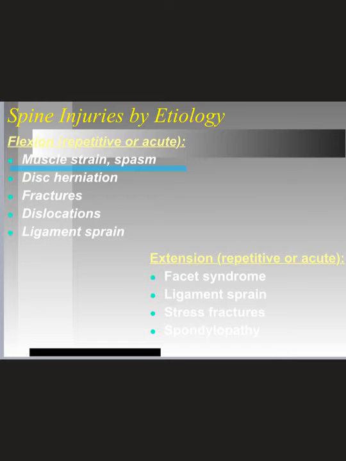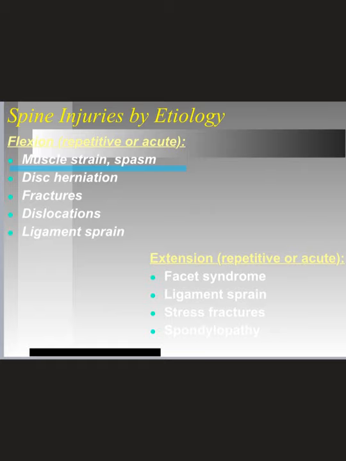So first things first, when we look at spine injuries, there are many different ways to look at them. But what we know most often is this. Injuries to the spine most often happen either in a flexion moment or an extension moment. Certainly could happen with a rotation moment, just more rare. So when we think about injuries, we have to ask ourselves, number one, was it during a flexion moment?